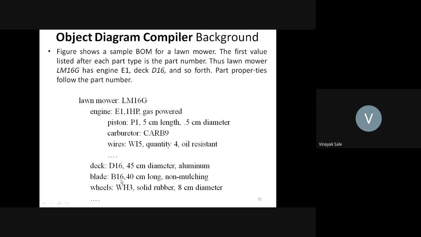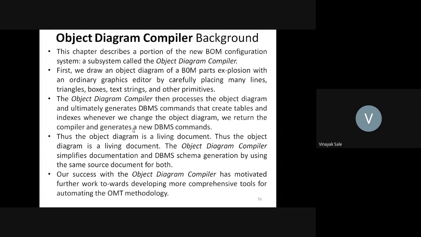These are the part numbers. So this part describes a portion of the new bill of material configuration system. A subsystem is called the object diagram compiler. First, we draw an object diagram of the bill of material parts explosion with an ordinary graphics editor.